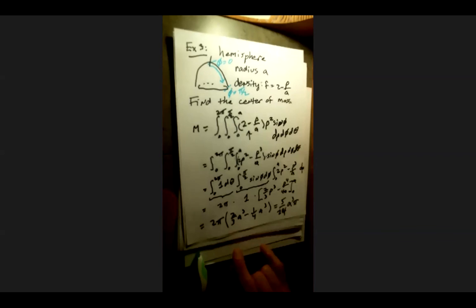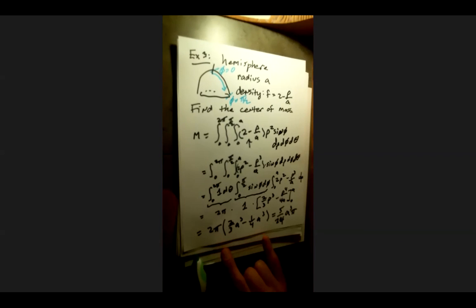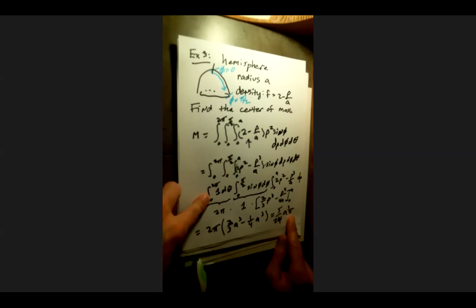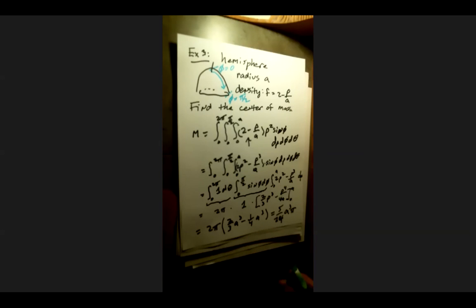That's 2 pi, not pi over 2. Your final answer: this is 8/12 minus 3/12, which would be 5/12, and you multiply by 2 pi, that would be 10/12 or 5/6. Is that correct?